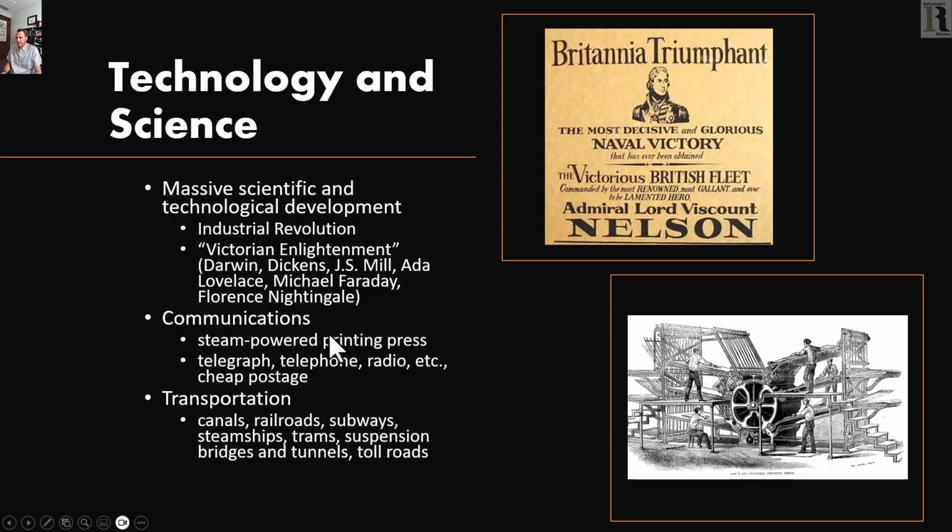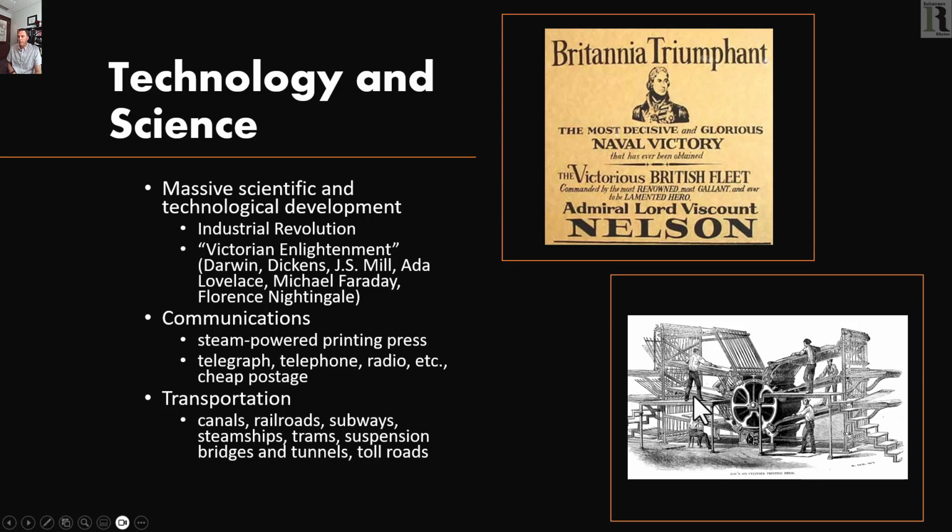There were big changes in communications and communications technologies. Before the 19th century, there were letters, there were town criers, there was word of mouth. And there was the printing press, but the printing press got a big boost in the 19th century with its industrial development. This here in the bottom right corner is a steam-powered printing press.